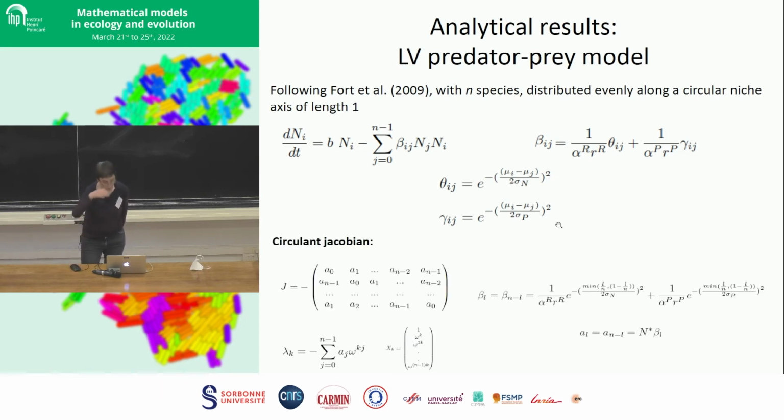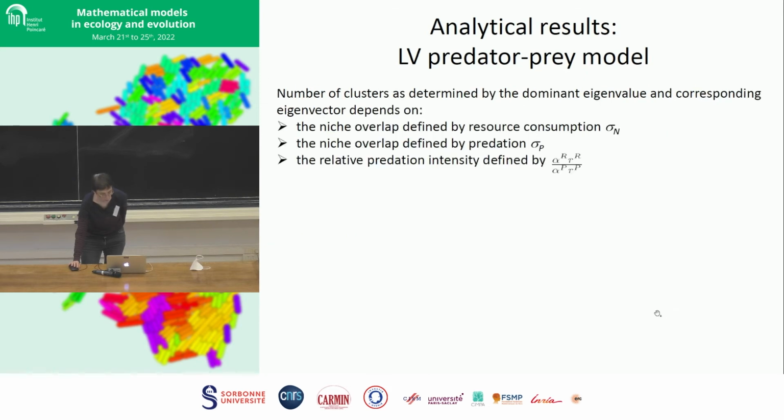Okay. So again, the matrix is circulant, and the Jacobian terms here are a bit more complicated, but we can see that they depend on sigma N and sigma P, and on the ratio of attack rates and intraspecific competition of resources and predators, which means that the dominant eigenvalues and corresponding eigenvector depend both on the niche width of the prey, the niche width of the predator, and on this relative predation intensity.